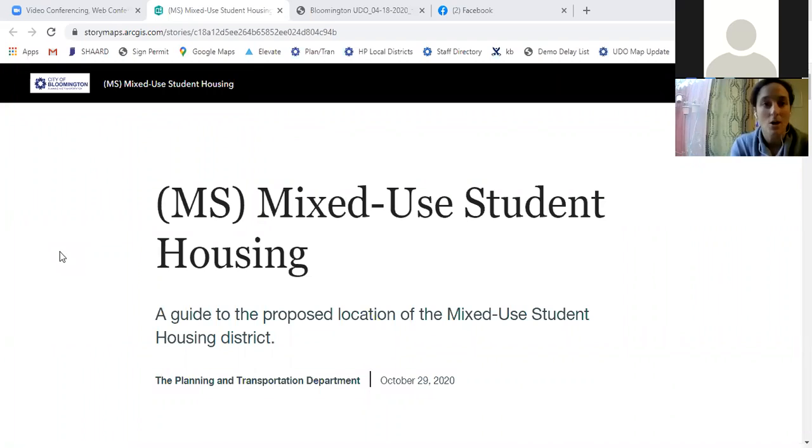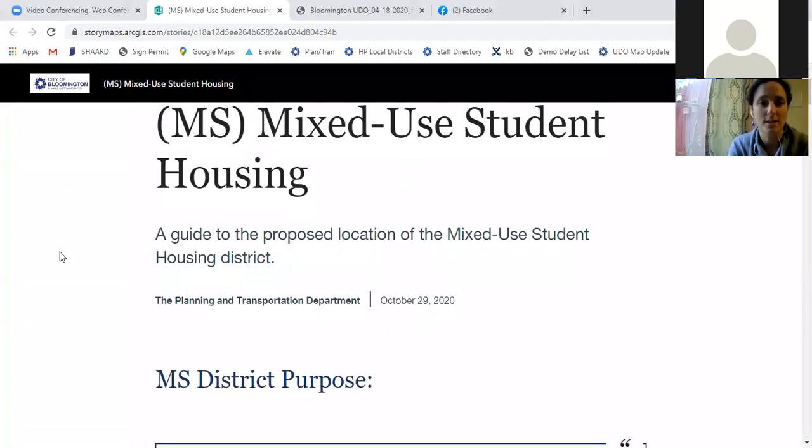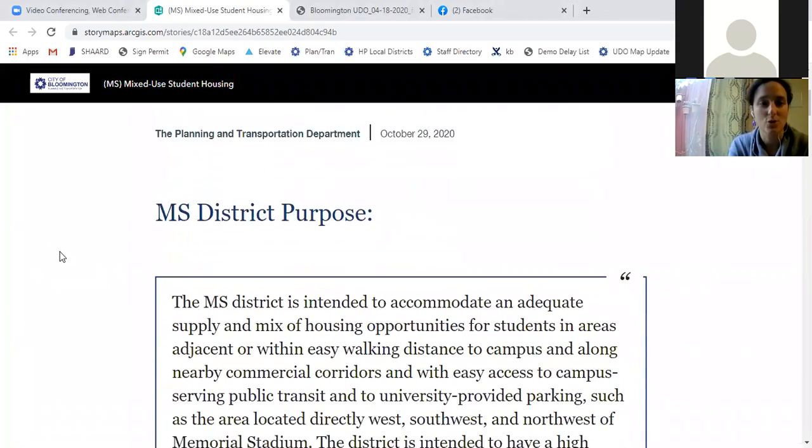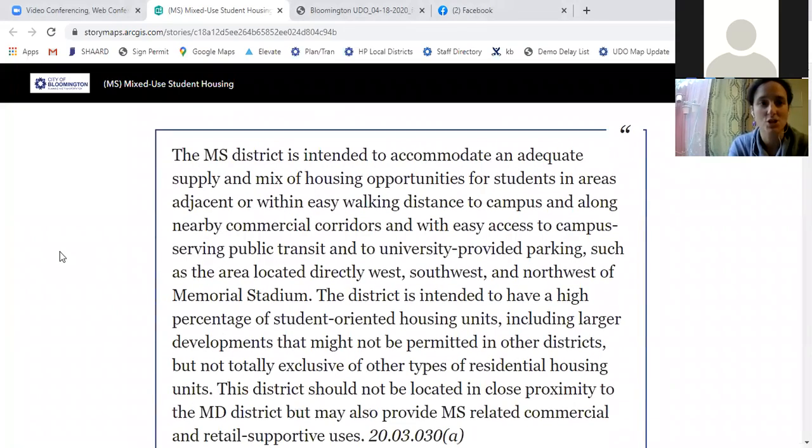Okay. So the topic tonight, again, is the mixed-use student housing zoning district. This district was created as a response to an ongoing discussion in the community for a number of years about whether or not there should be dedicated land that just allows slightly more student-focused housing, and which would focus where that housing could be created, and maybe take some pressure off of other parts of town that would no longer have that type of housing.